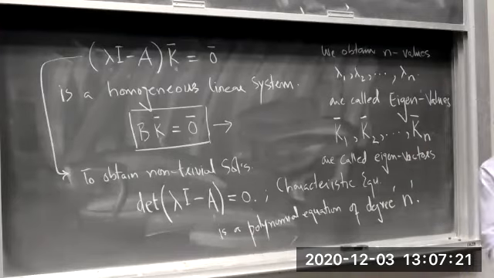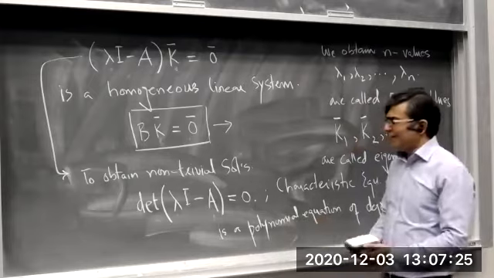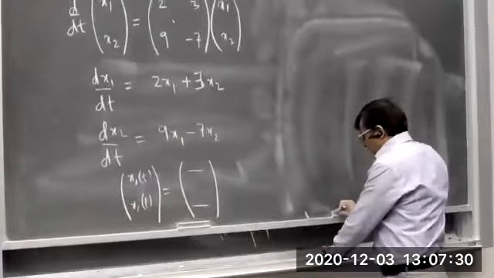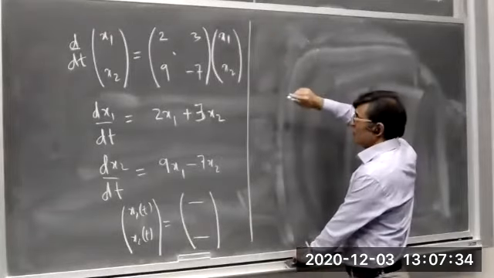Now if you have n eigenvalues and corresponding n eigenvectors, then we can write n solutions.